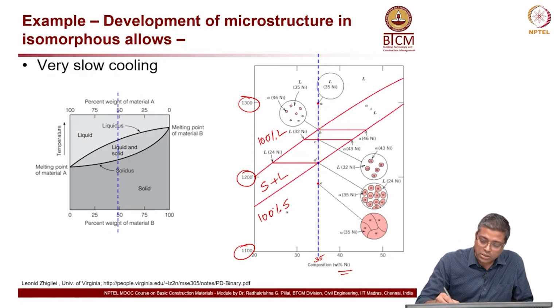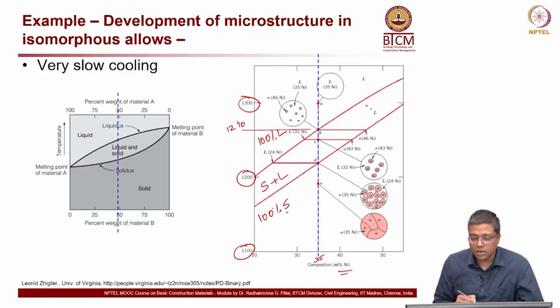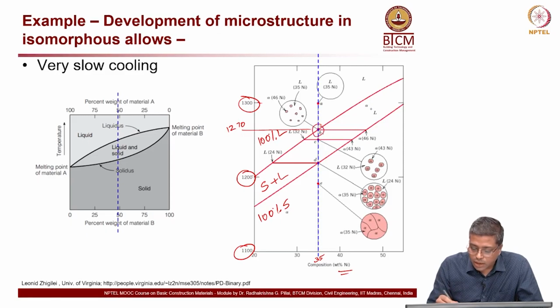Point A is about 1300 degrees. Now, if I take point B, that is about 1250, 1260, 1270, something like that, approximately.